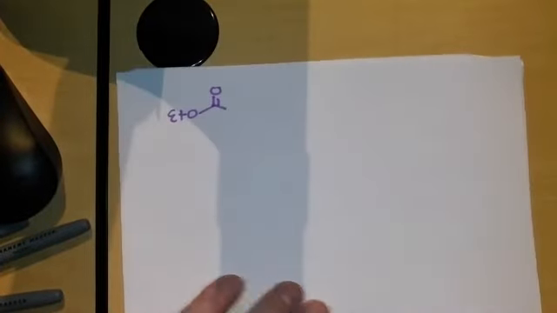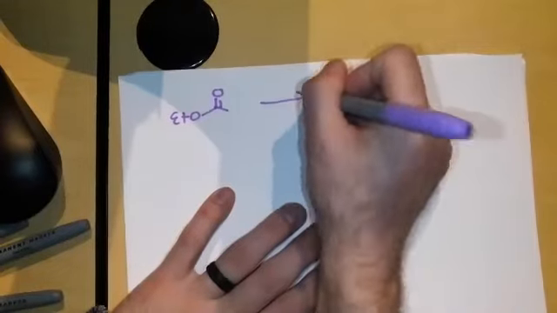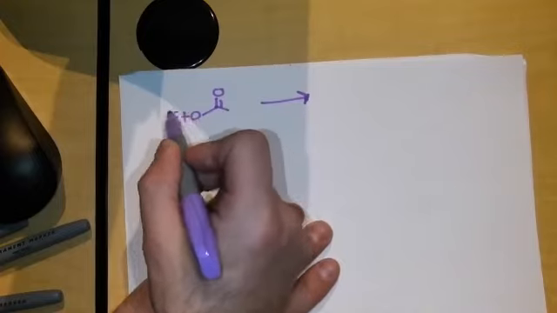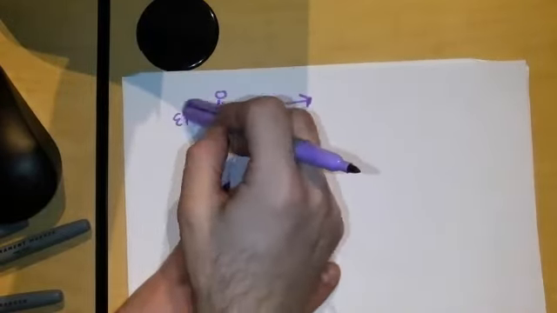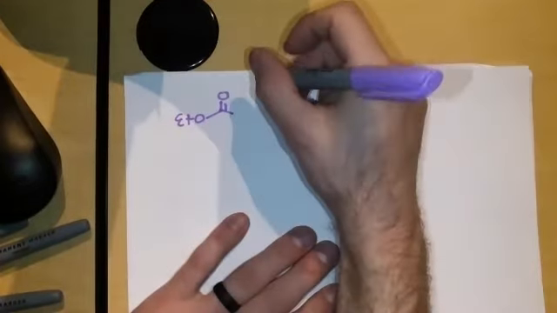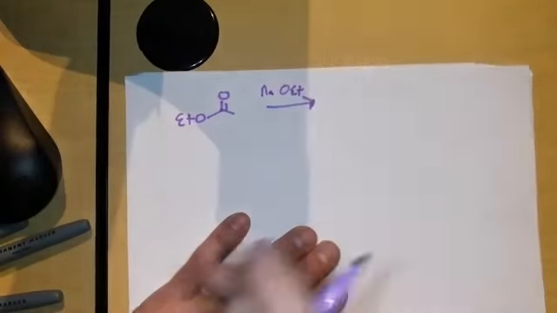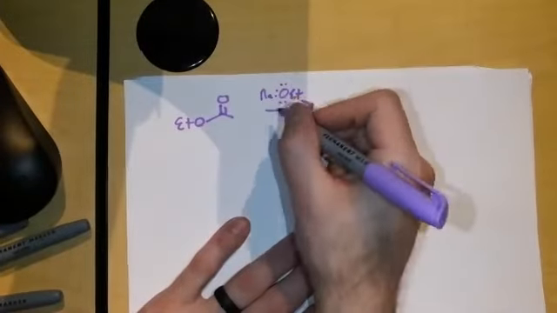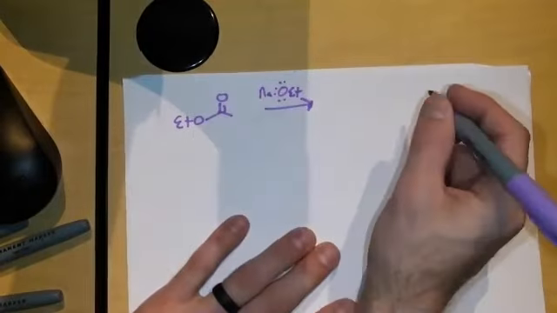So if we take an ester and throw in, you're always going to want to have the same base as your ester group here. If you throw in NaOH, this actually might turn into a carboxylic acid. So if you throw in instead NaOEt, on the off chance this does attack your carbonyl, you're not going to lose that OEt, you're going to retain it.